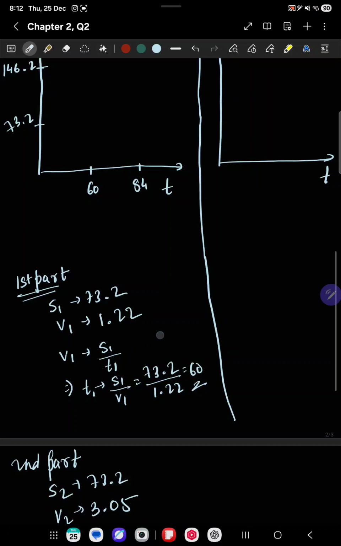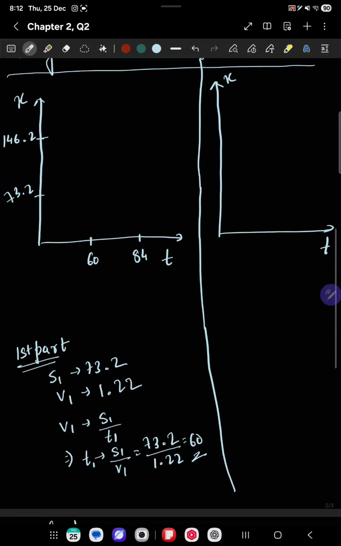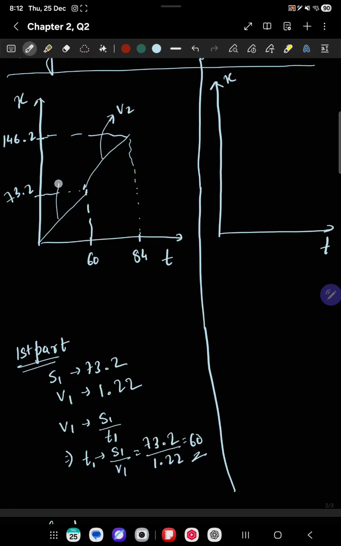Okay, so the first part we will get it like this. This will be our first part, and the second part, if we draw, this will be our second part. So this slope will give us the V2 part, and this slope will give us the V1 part, right?